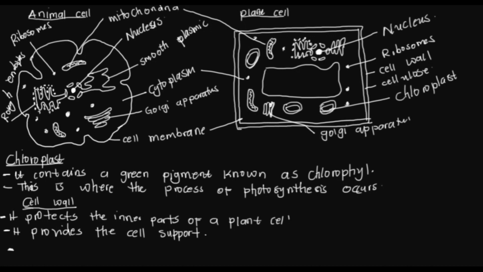The regular shape, the definite shape of a plant cell, is also brought by the cell wall. So we can say it provides a plant cell with a regular shape.